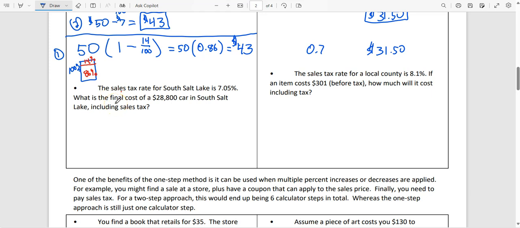So let me do one more problem on the left with the one-step approach, or the two-step, doesn't matter. I'm going to take the final cost and, this is a tax, so this is the plus. That would be the one-step approach.